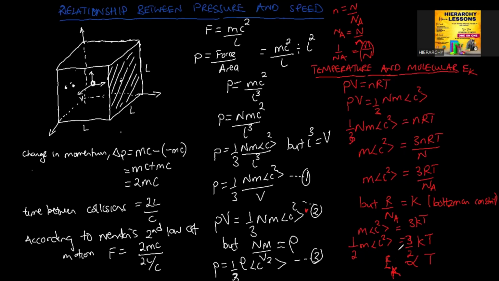This is evidenced by this formula: EK is proportional to T. So if we increase the temperature of an ideal gas, we're increasing the kinetic energy of the gas.